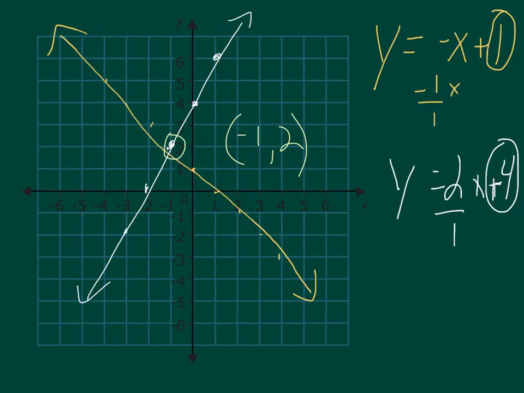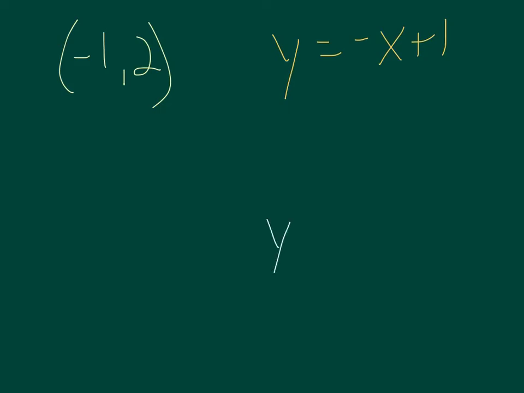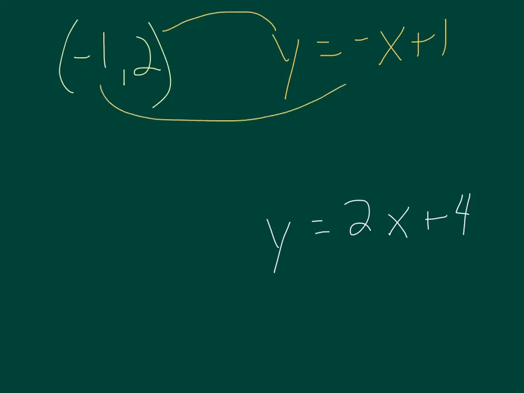And let's test that to make sure. So like I said, our solution was negative 1, 2. Our first line was y equals negative x plus 1. Our second line was y equals 2x plus 4. Let's substitute in the values and see if that works. So the y value is our 2, and negative 1 is our x value.